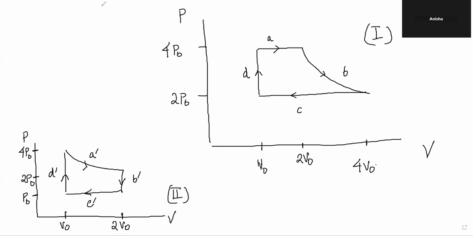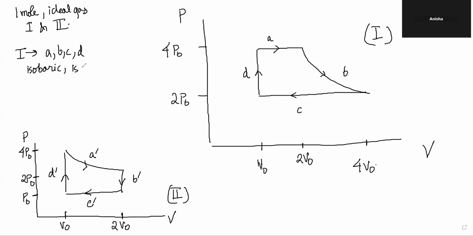The question is saying 1 mole of ideal gas does two processes, 1 and 2, as shown. In cycle 1, they have given information that A, B, C, D are isobaric, isothermal, isobaric, and isochoric, respectively.